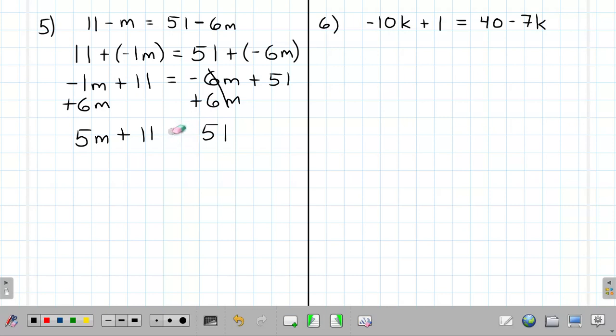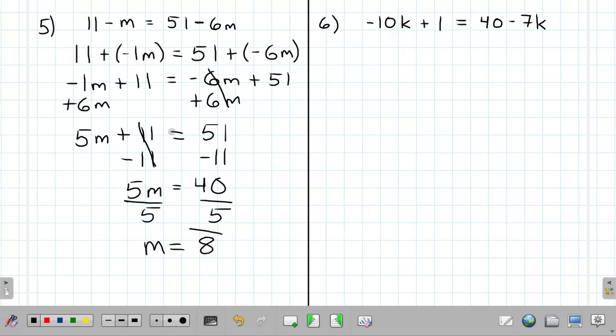And then once again, bada bing, bada boom, we have a two-step equation where everybody should probably be able to do these in your sleep by now. So 51 minus 11 is 40. The 11s go away, so divide by 5. Divide by 5. M is equal to 8.